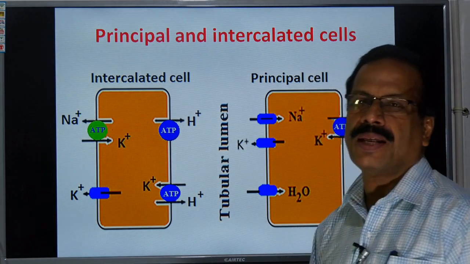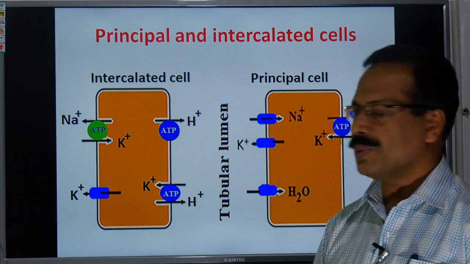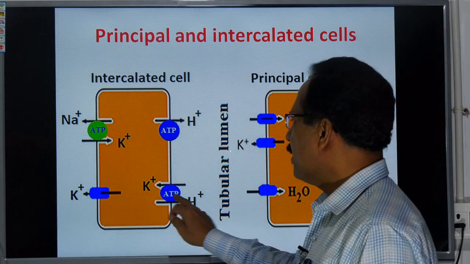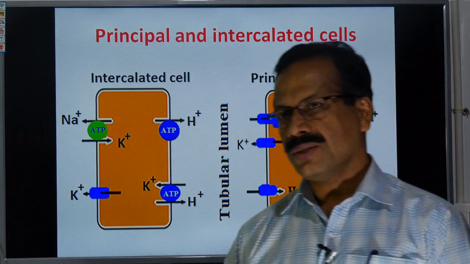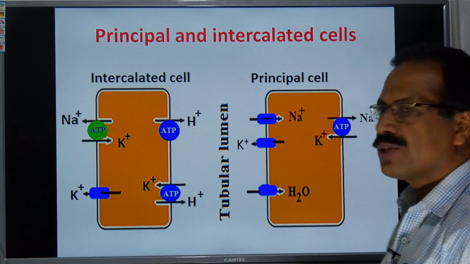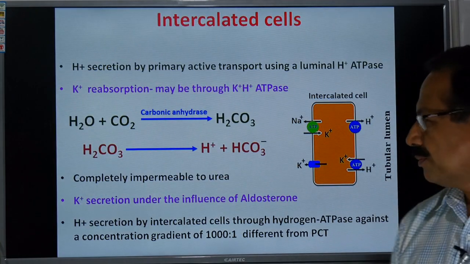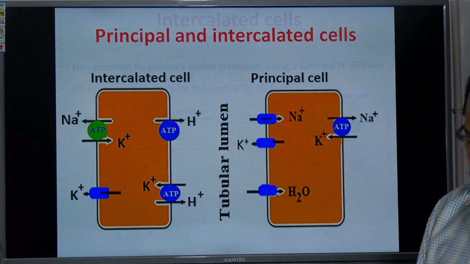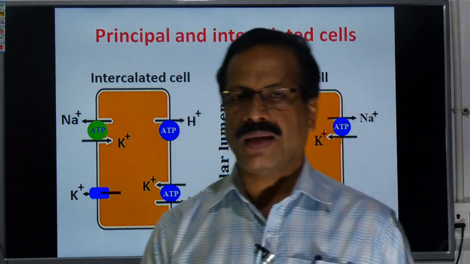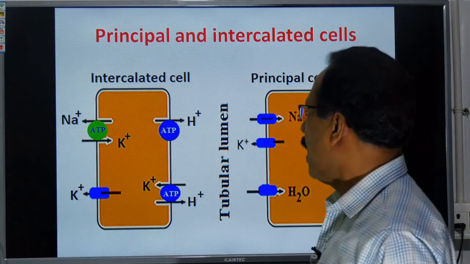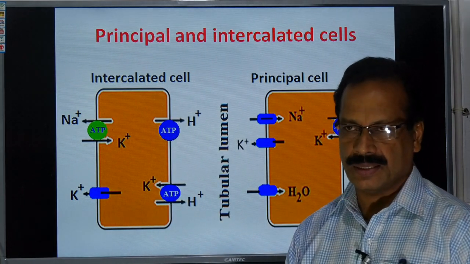So the next process happening in the late part of the distal convoluted tubule is the hydrogen secretion and potassium reabsorption. Hydrogen secretion and potassium reabsorption is an active process which is controlled. Another important process happening in this region is the hydrogen secretion and potassium reabsorption by the intercalated cells.